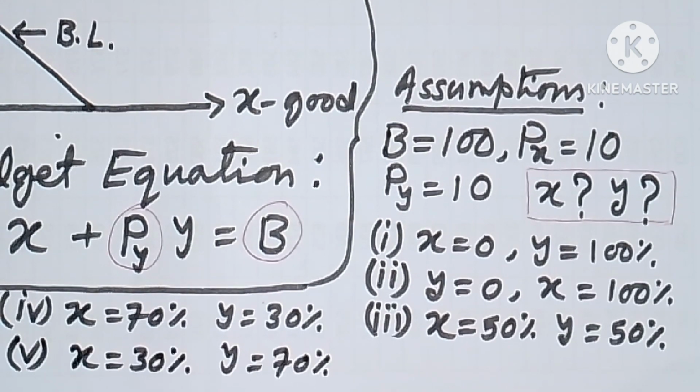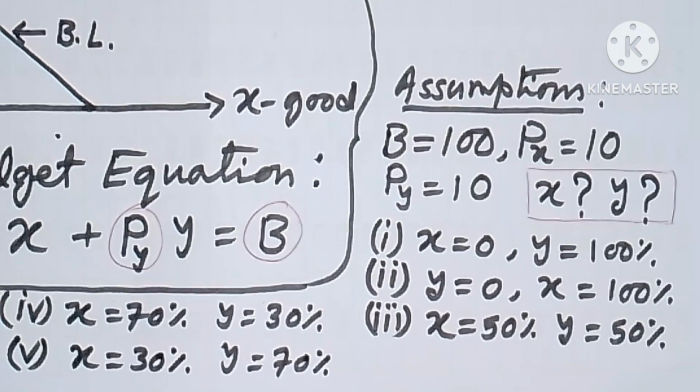And the last extreme situation is that he spends the maximum of his income on Y good and a smaller percent on X good. Here we can see the exact opposite situation of the fourth. In such a case he can purchase 3 units of X good and 7 units of Y good, by which he finishes his total budget.